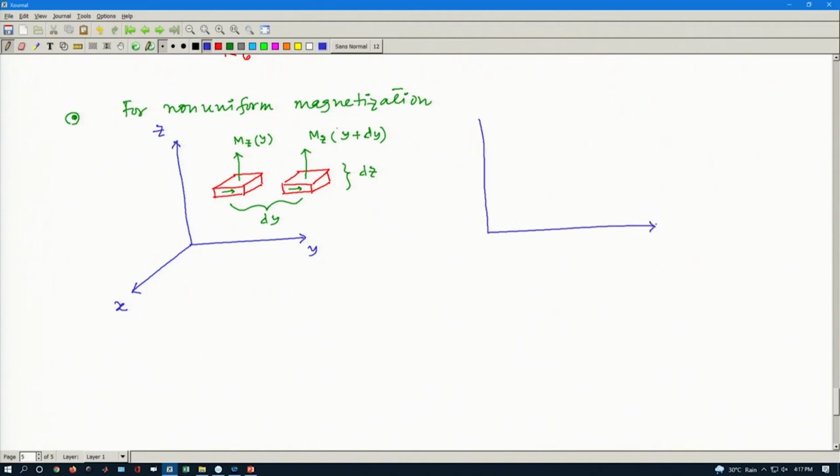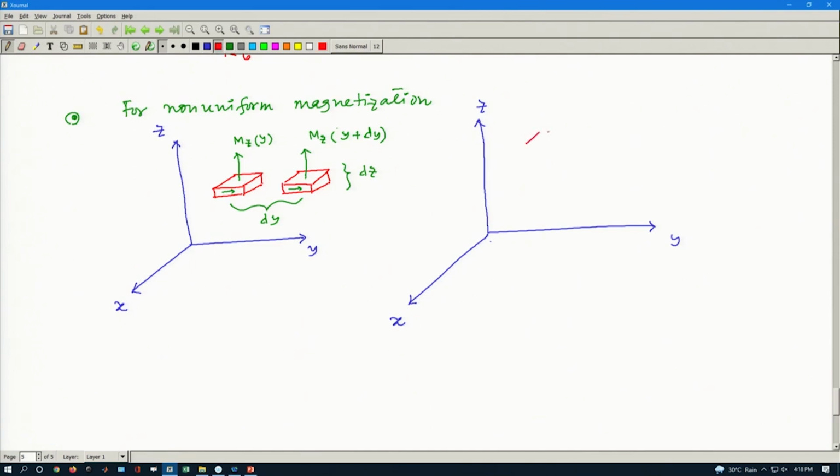This is my coordinate system, which is x, this is y, this is z, and what I have is this.